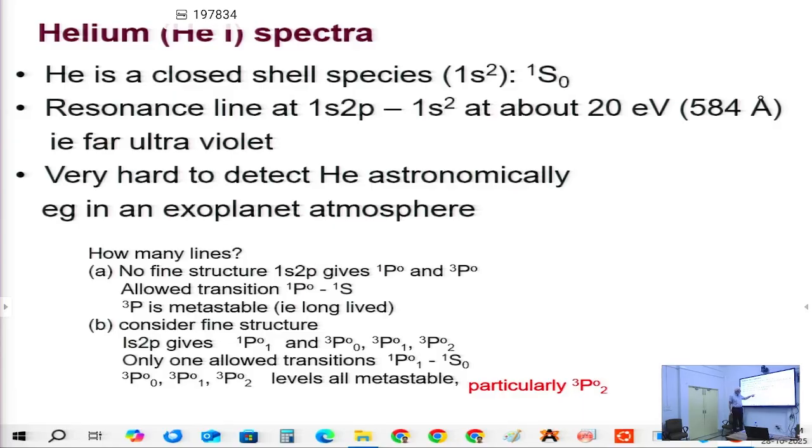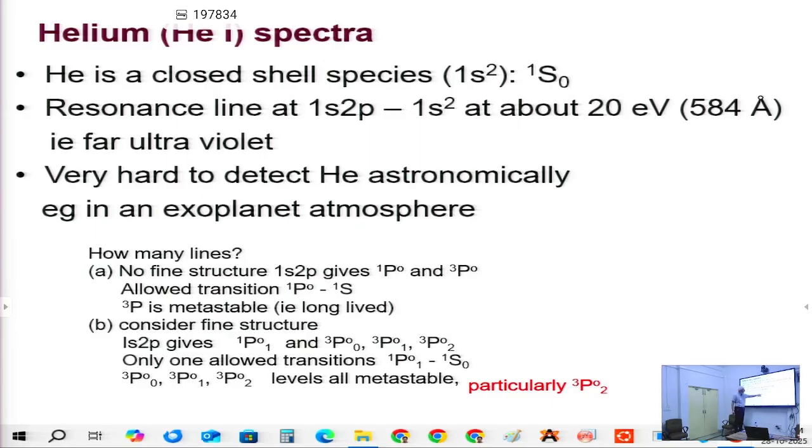If you want to think what terms you get from there, obviously you have 2 spins, both S equals a half. You add a half and a half together, you get 0 or 1. And L is just given by the P, so L is 1.